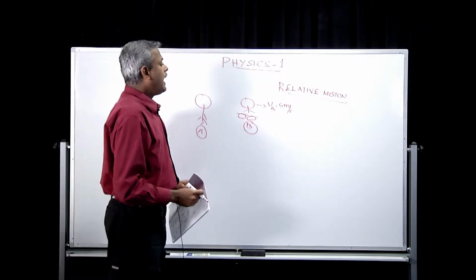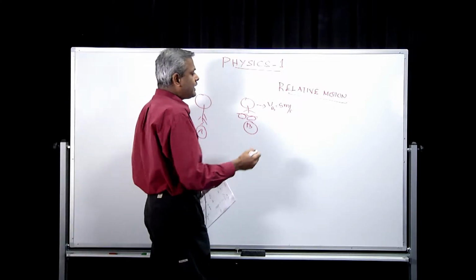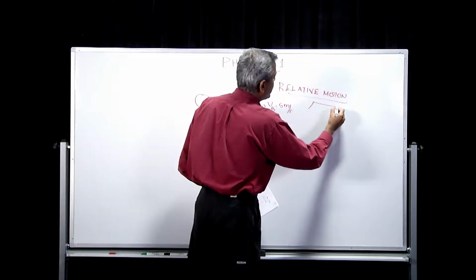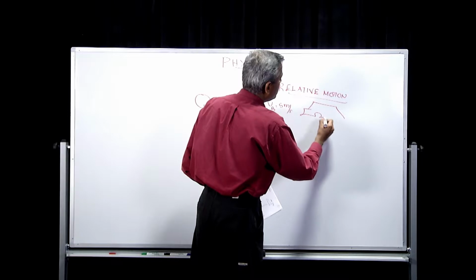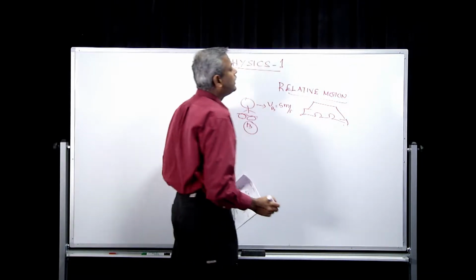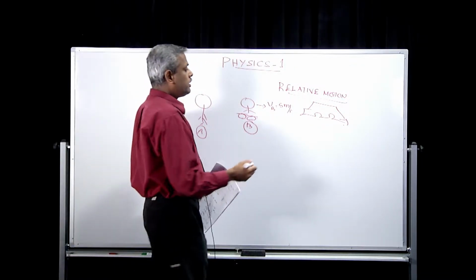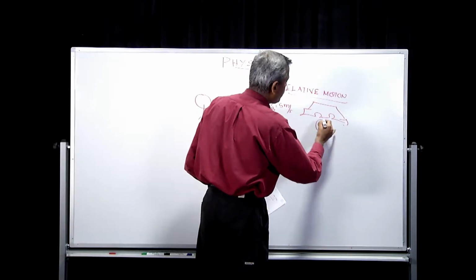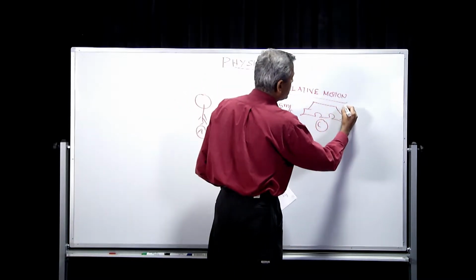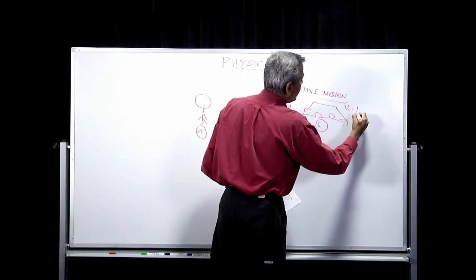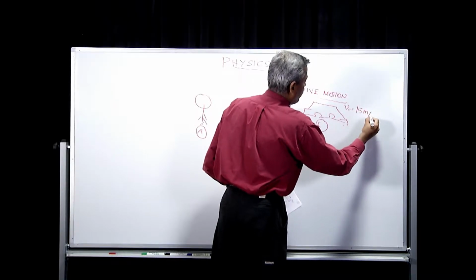And then another person who is driving a car is called C. The car is driving with a velocity of 15 meters a second.